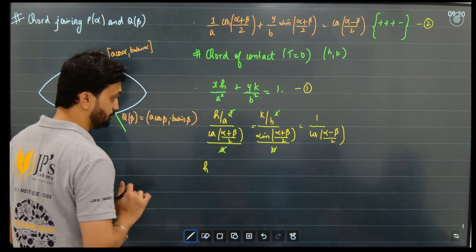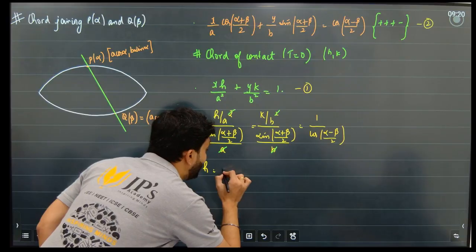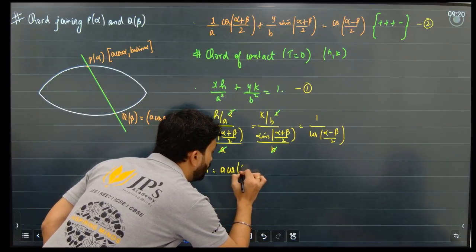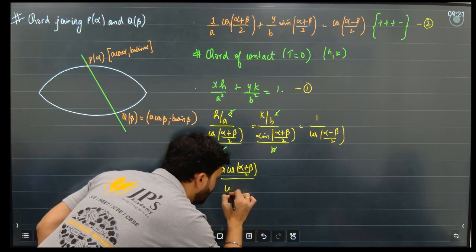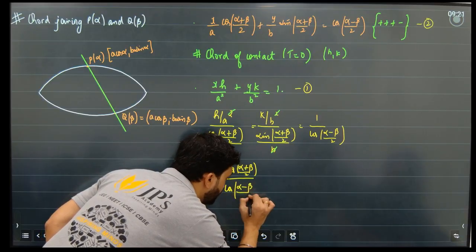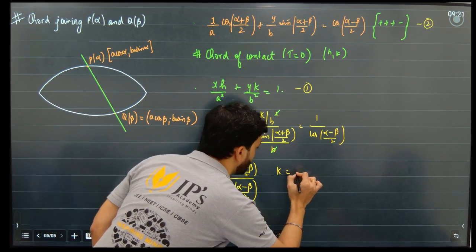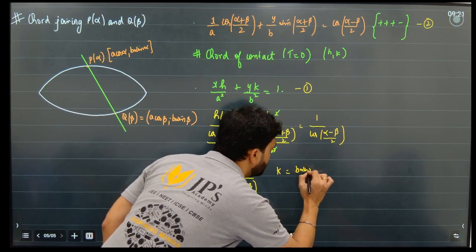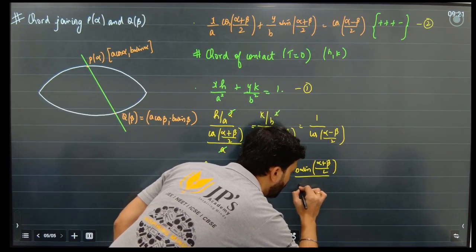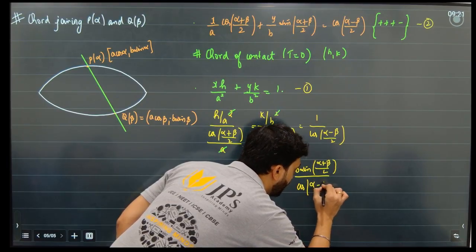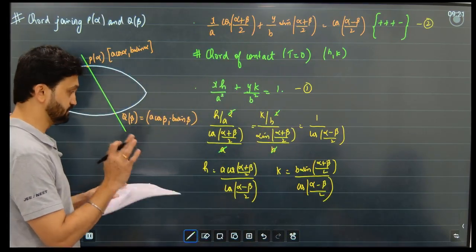Now I'll equate it. So see what H will become. H will become A cos alpha plus beta by 2 upon cos alpha minus beta by 2, and K will become B sin alpha plus beta by 2 upon cos alpha minus beta by 2, and this is your point.